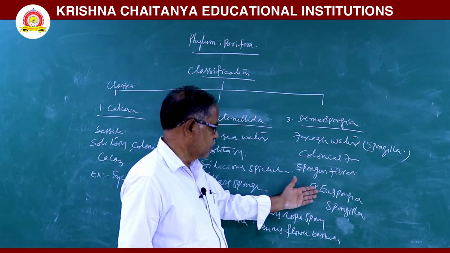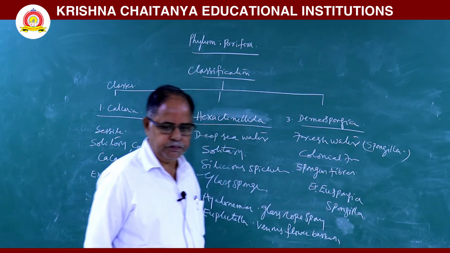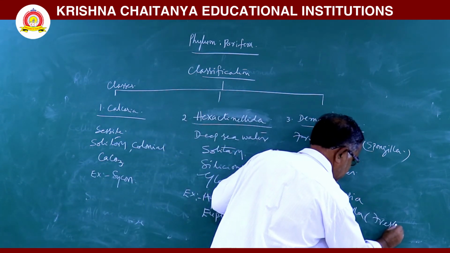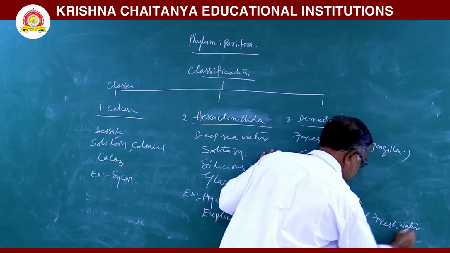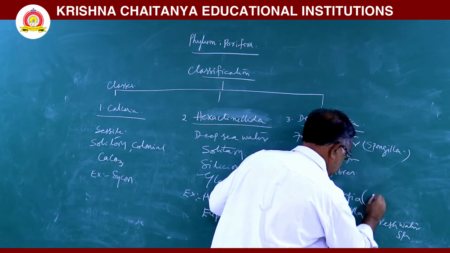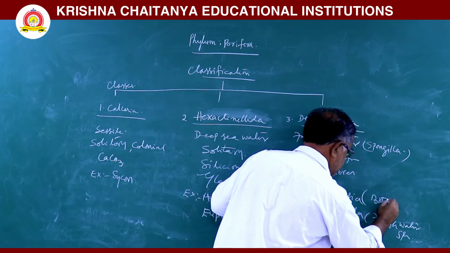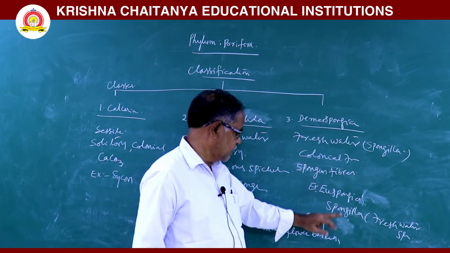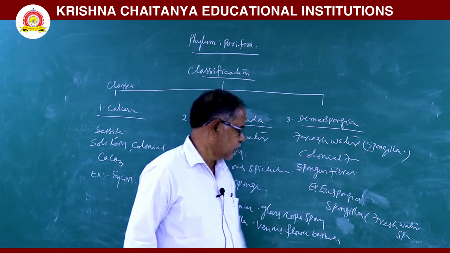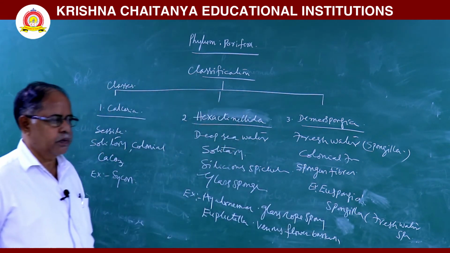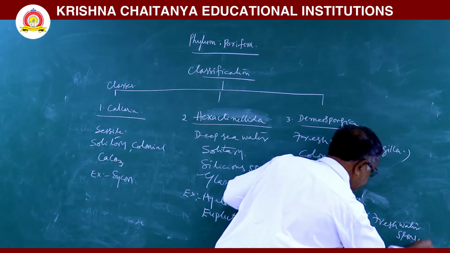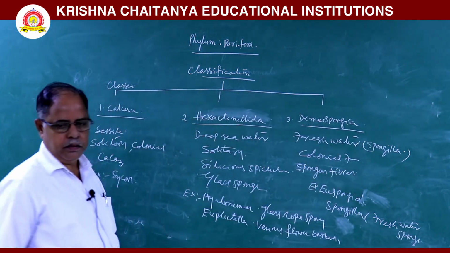For example, Euspongia and Spongilla. Spongilla is called a freshwater sponge. This is the classification of porifera.